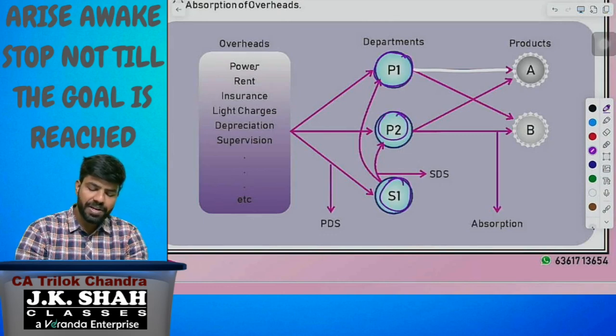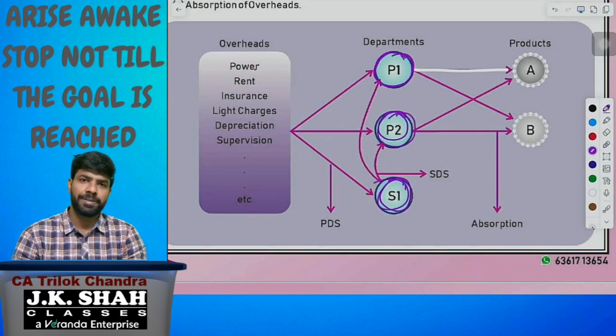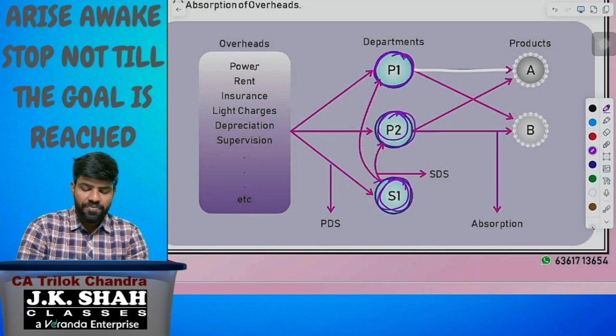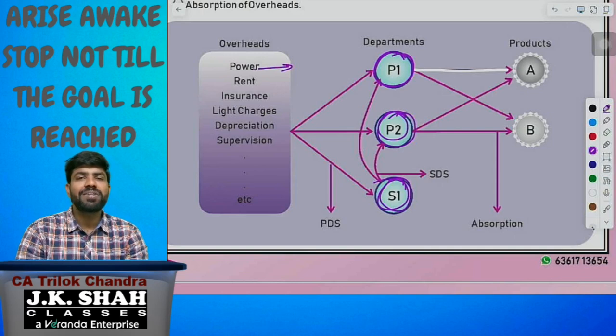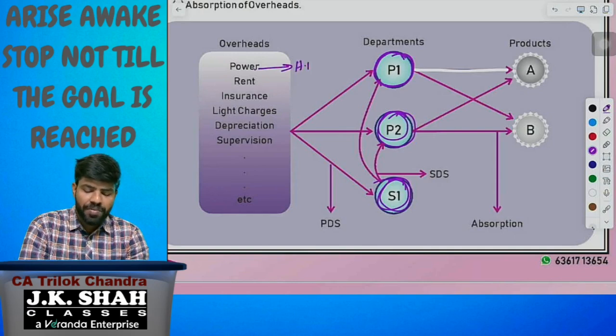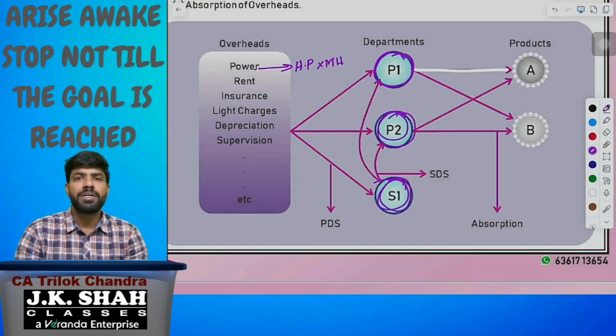Now, all these expenses will be accounted to P1, P2, S1. How to account for that? Power charges depend upon the horsepower of machinery or machine hours worked. Power will be consumed by the machines. So the power cost should be apportioned based on horsepower or machine hours.